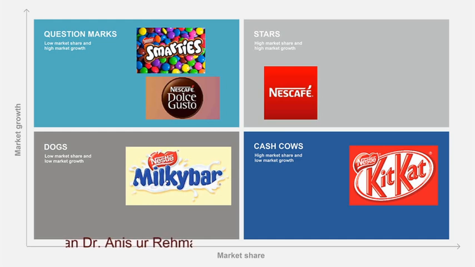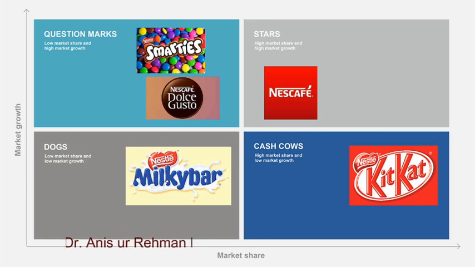Now as we see these quadrants, here are some of the recommendations on action for each of these quadrants. The first one given is question marks, which shows two products, Smarties and Nescafe Dolce Gusto, which are products with low market share in a high growth market. So what will be your strategy for this group? As the name suggests, it is not known if they will become a star or drop into the dog quadrant.